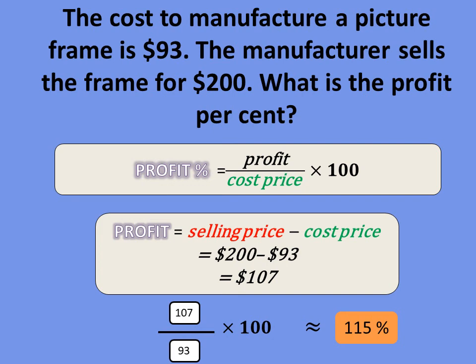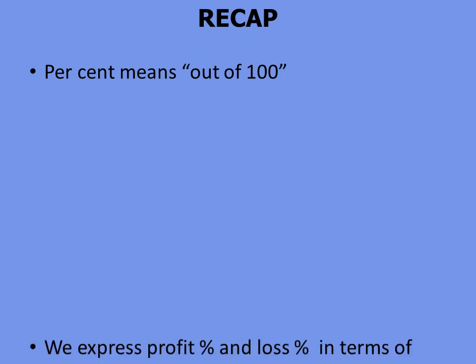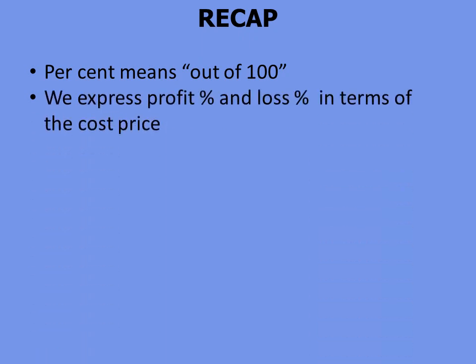So let us do a quick revision. Percent means out of 100, so we're dealing with 100. When we find profit percent and loss percent, we express them in terms of the cost price. So the cost price is always considered.